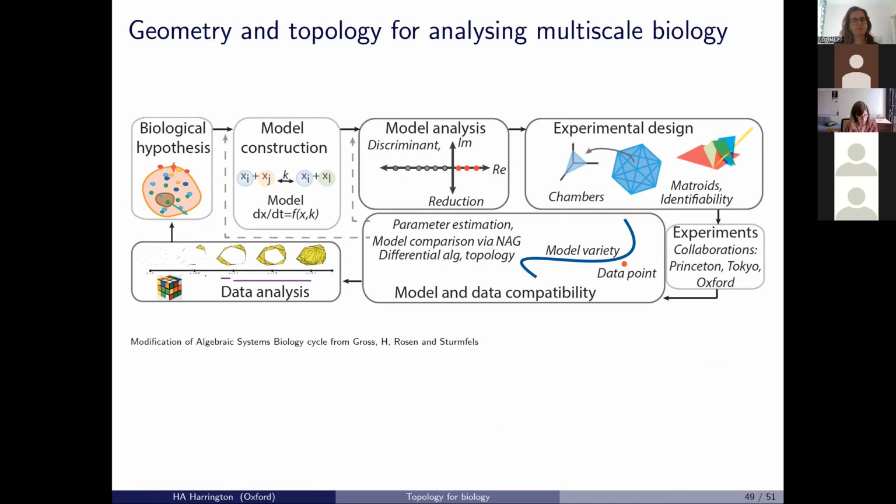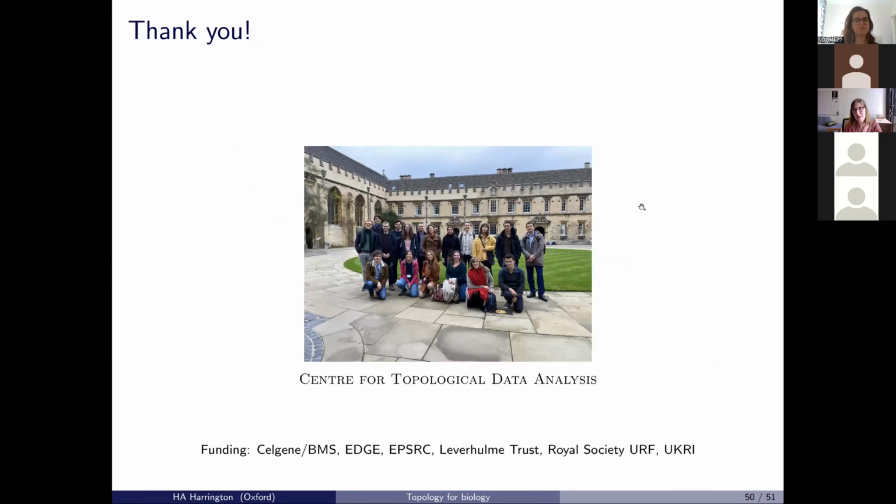And so I'm really excited about the prospect of being able to, with additional notions beyond one-parameter persistence and other areas of computational topology, go from a biological hypothesis to various notions of models, to their analysis, and really exploit the data analysis machine learning pipeline to inform them. Okay, and on that note, thank you very much for your time.